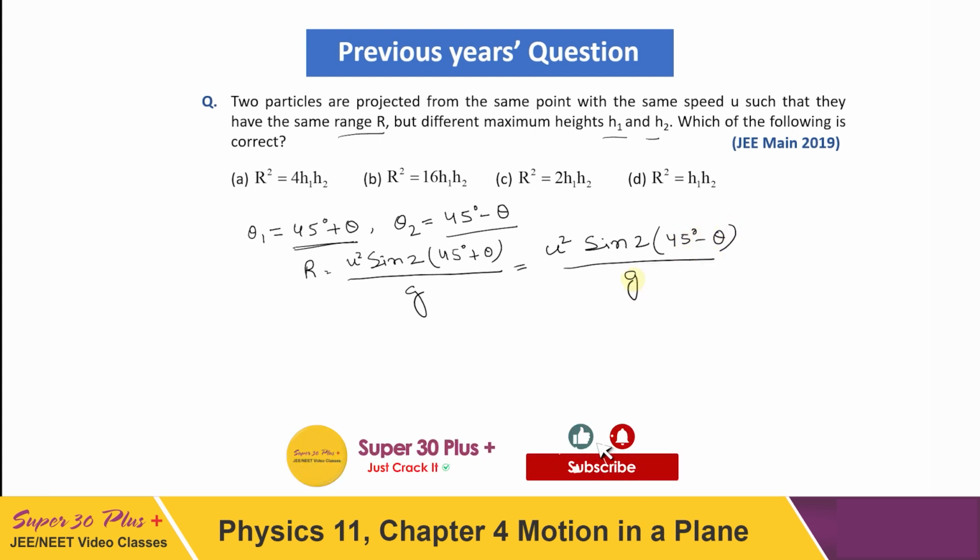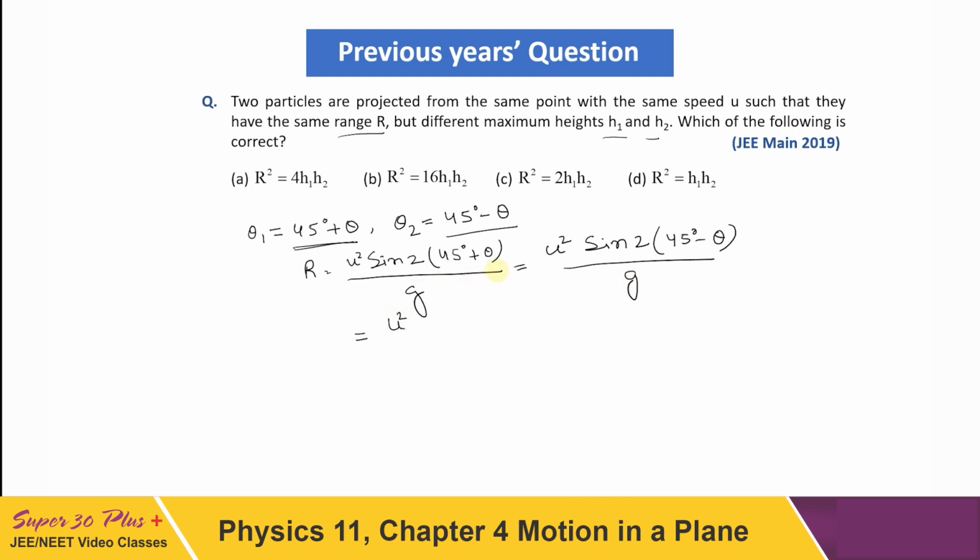On solving these two, I can write r to be equal to u square sine (90 degree plus 2 theta), which can be written as u square cos 2 theta upon g. If I square the term, that will give r square is equal to u to the power 4 cos square 2 theta upon g square.